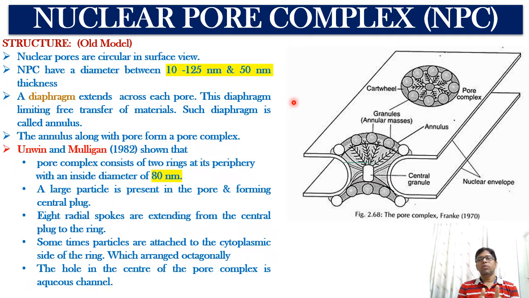Let us discuss the model proposed by Unwin and Mulligan. According to them, the pore complex consists of two rings at its periphery. Here you can see in the picture, this is one ring present towards the cytoplasmic side, and this is another ring present towards the nucleoplasmic side.